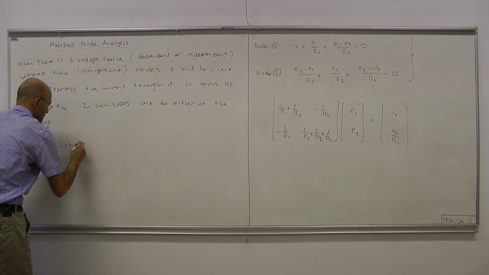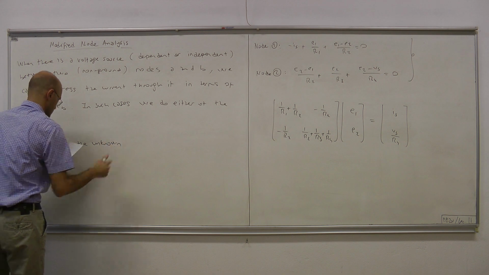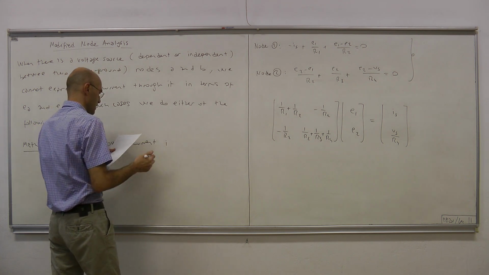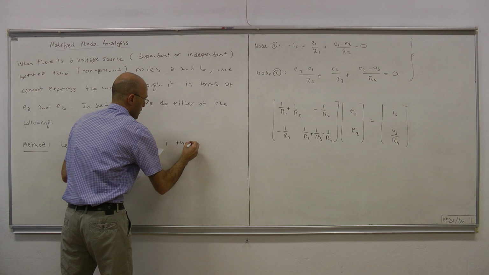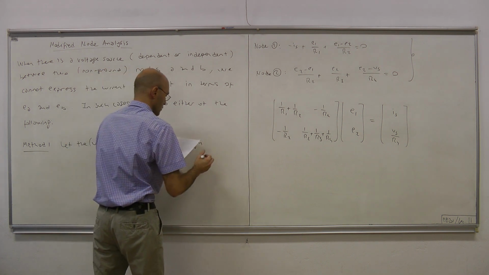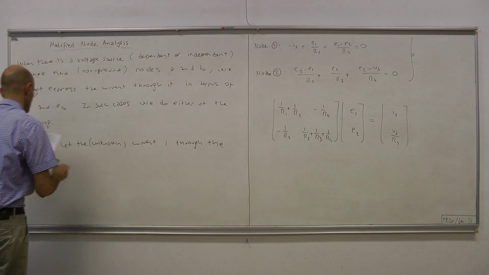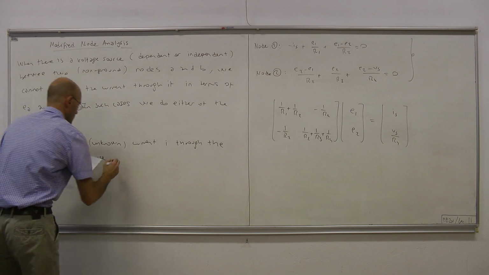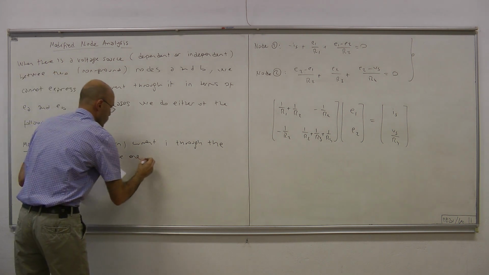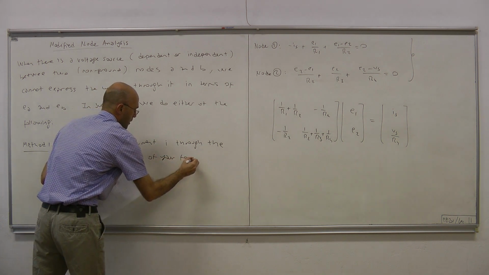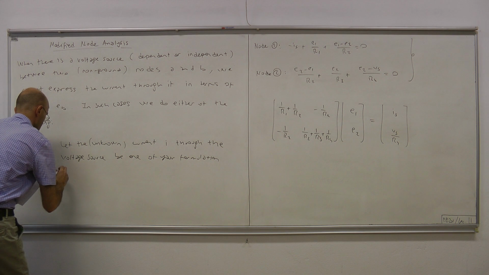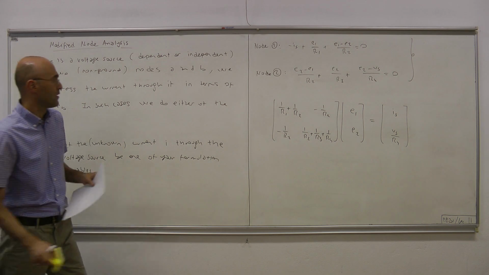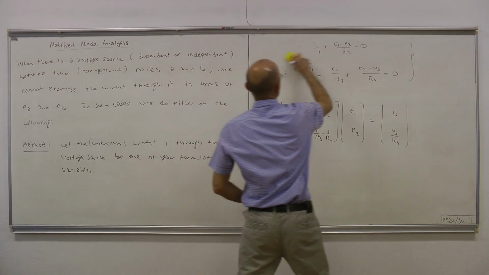Let the unknown current, let's call it I, through the voltage source be one of your formulation variables. Therefore, the first method is increasing the number of formulation variables.